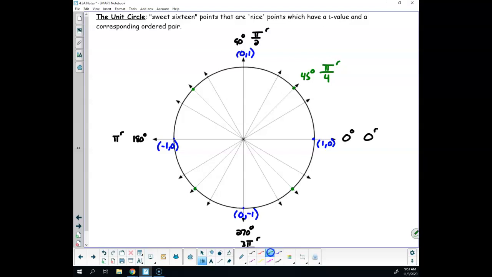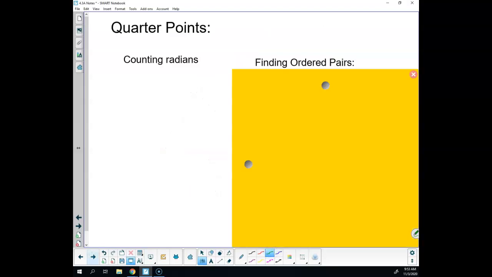Okay? Now, let's show you some math going on here with that. So if I take this and I say that this is 45 degrees there, or pi over 4 radians, that makes this then a 45-45 right triangle with a hypotenuse of 1, because that's my radius of that circle.